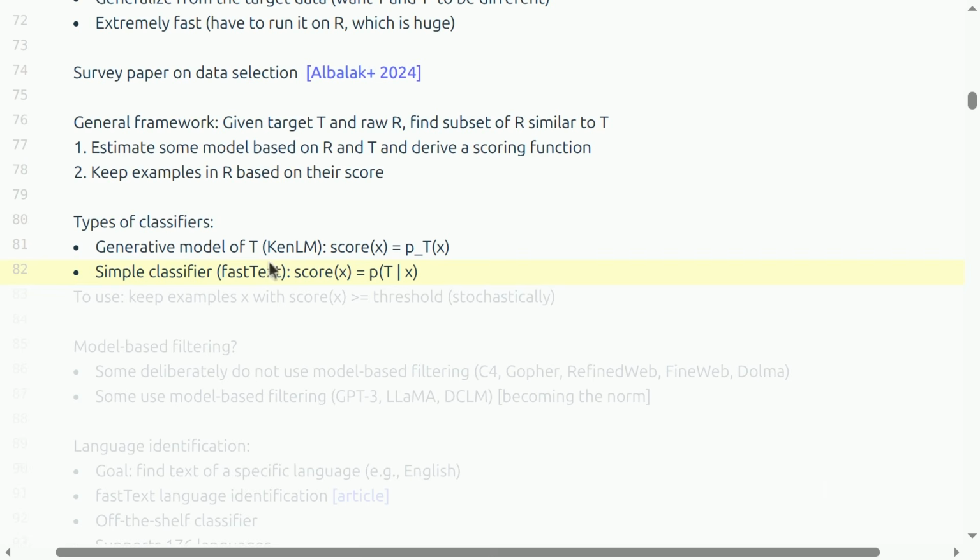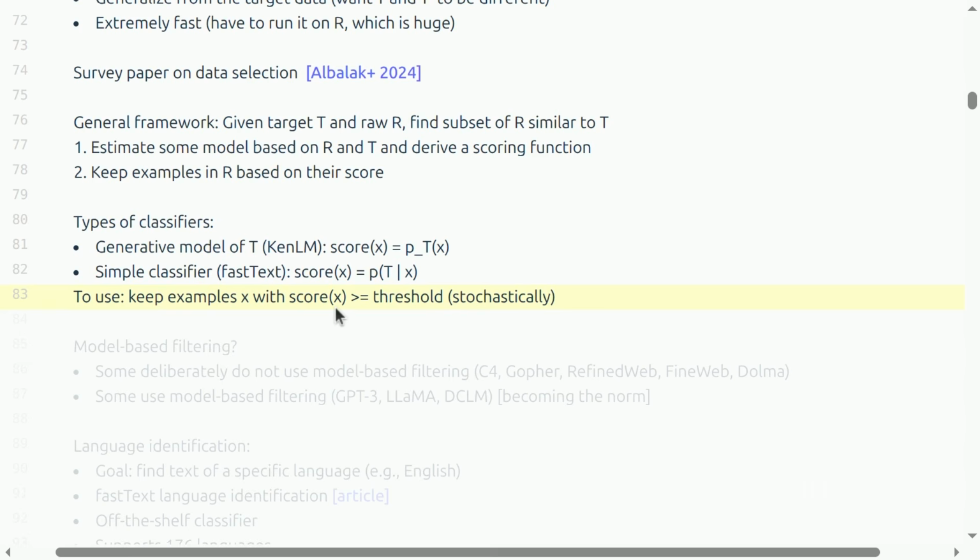The tool people generally use is fastText, because it's fast, and it's just a linear classifier, bag of words. Once you have this model, for every new document you can score it, set some appropriate threshold depending on your quality bar, and keep the examples, sometimes stochastically, sometimes not.